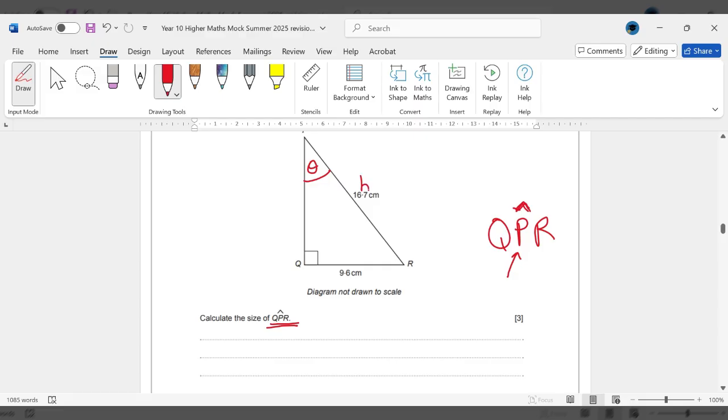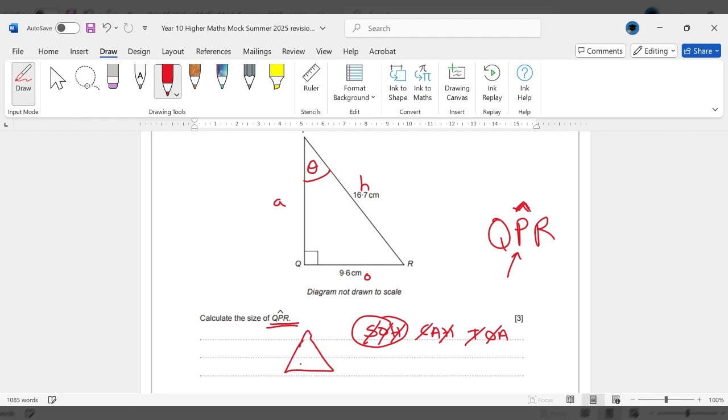SOHCAHTOA, hypotenuse, opposite, adjacent. And we'll end with this, okay? Cross out H because we know it, but this time we're crossing out O, not because we want to know it, we're crossing out O because we also know it. A, again, we don't know A and we don't care what it is.